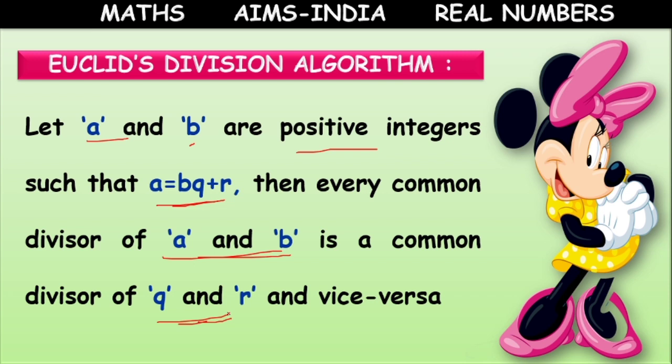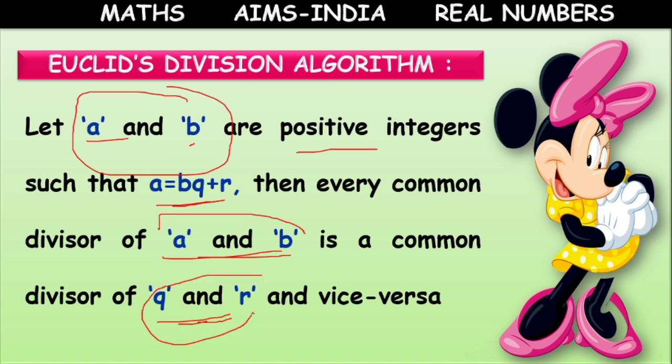So we have some integers A, B and Q, R, which are in the form of A equal to BQ plus R, satisfying the condition which we have learnt in Euclid division lemma.